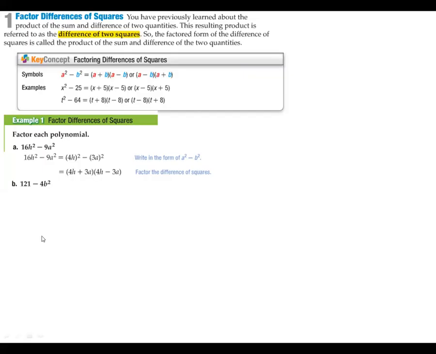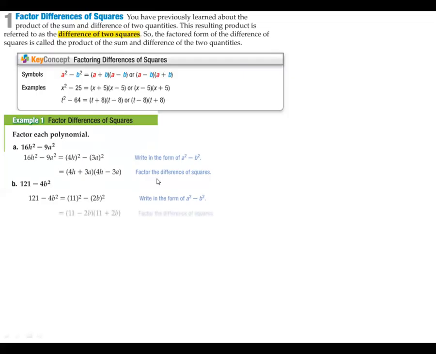Okay. In part B, again, look for the GCF. If there's no GCF, and there isn't one, see if it can be a difference of squares. 121 is what squared? Okay, and 4b squared is what squared? Right, it's 11 squared minus the quantity 2b squared. So the 11 is going to play the role of a in the factored form, and the 2b is going to play the role of b.